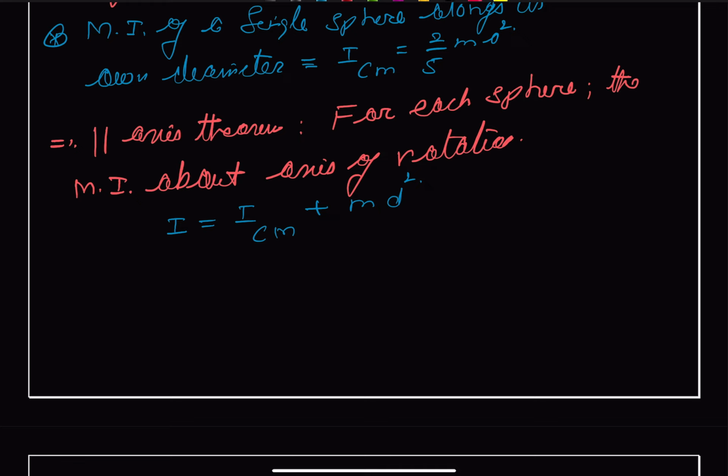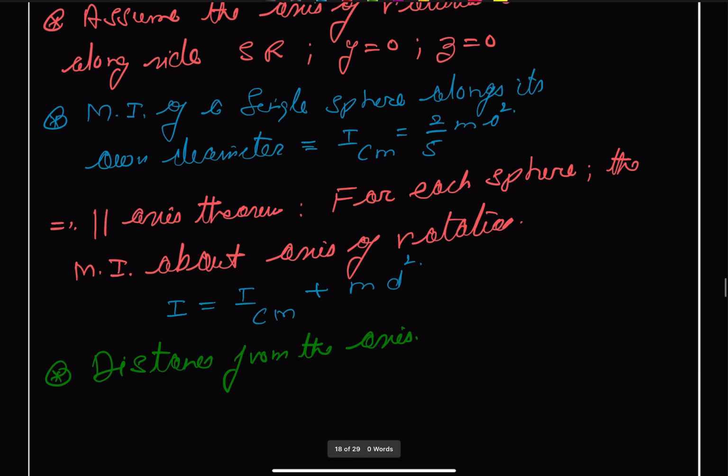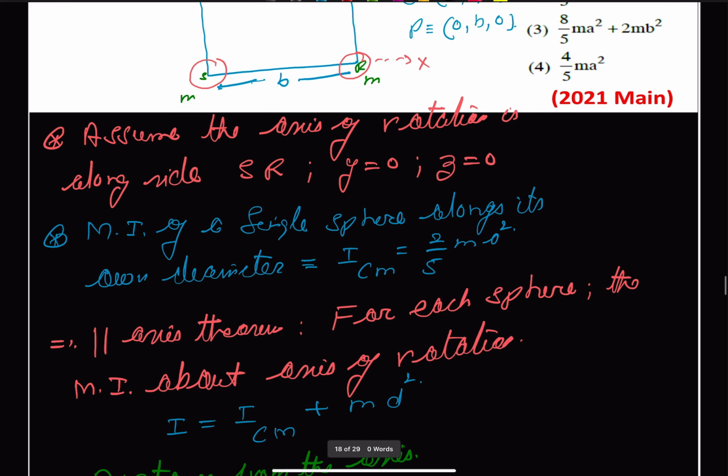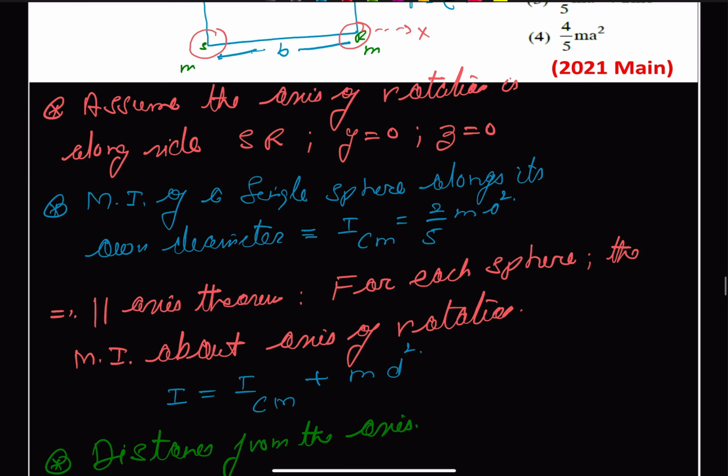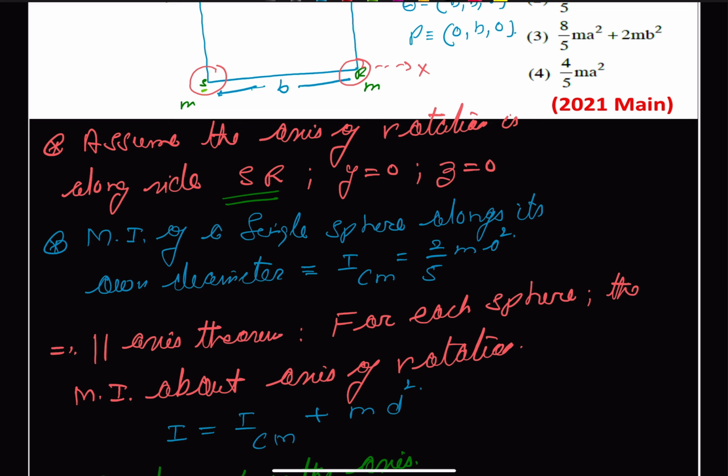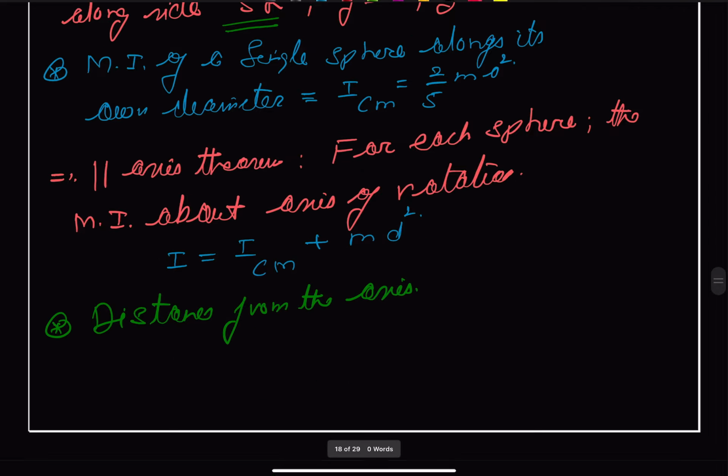So let's find this d, the distance from the axis. Like I said, the axis we have taken is along SR. So for both the spheres lying at S as well as R, this distance d will be equal to 0, because they are themselves on the axis.